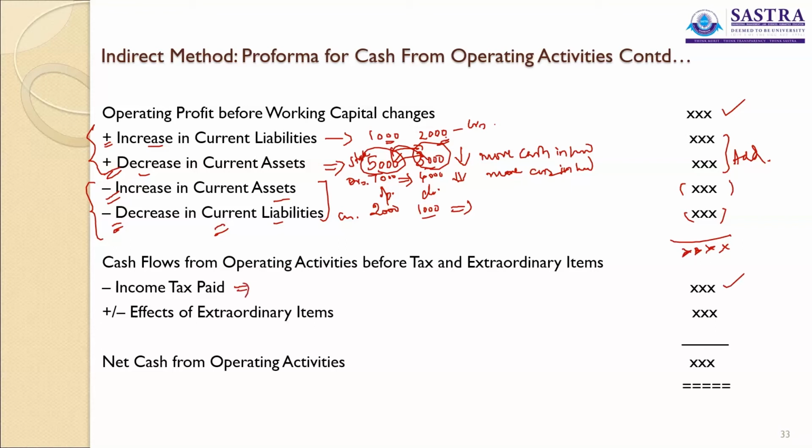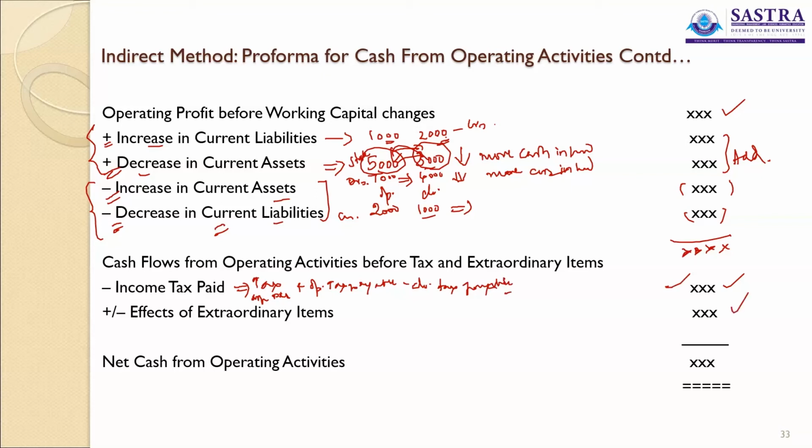We know as to how to calculate the income tax amount, cash paid. That is taking into account the tax claimed, tax as per P&L account, plus opening tax payable minus closing tax paid. Same method as we did earlier in the direct method. So you get the amount of tax paid.